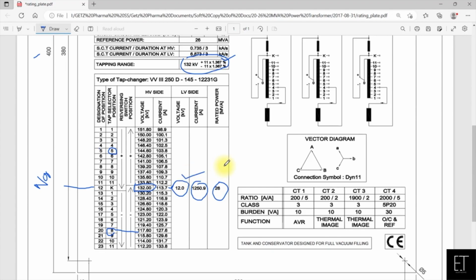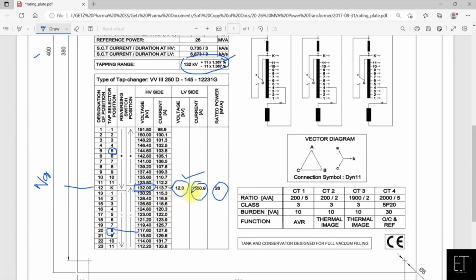So it means that we are keeping the low voltage side fixed in this case. We want to regulate the low voltage side, so we don't want any voltage variation. If there is a voltage variation at the HV side, we have to change the tap accordingly and maintain the low voltage side terminal voltage.